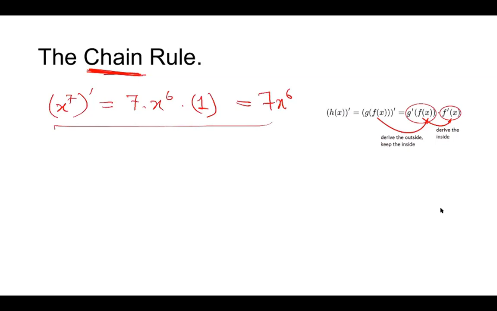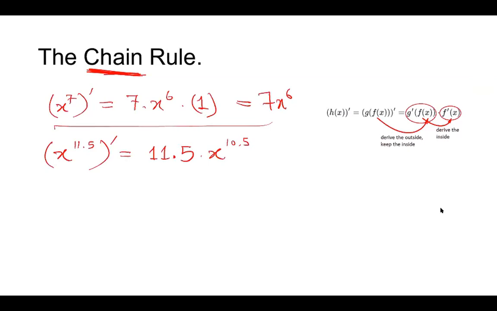Let's say x to the power 11.5. If you want to find the derivative of this function, the power becomes the coefficient, times x to the power, and we subtract 1 from the power, which gives 10.5.